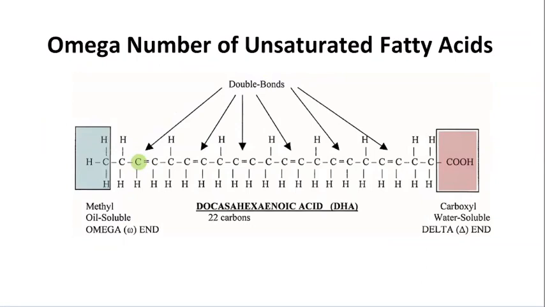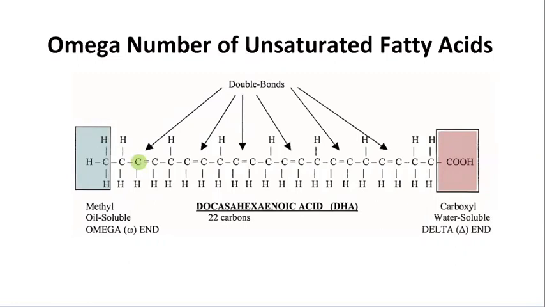Now, we learned previously when we were naming carboxylic acids, how when we had a particular carboxylic acid and we decided how to count the number of carbons in our fatty acid, we started with the carbon that was part of the carboxyl group. That you can see here that it is highlighted in pink.